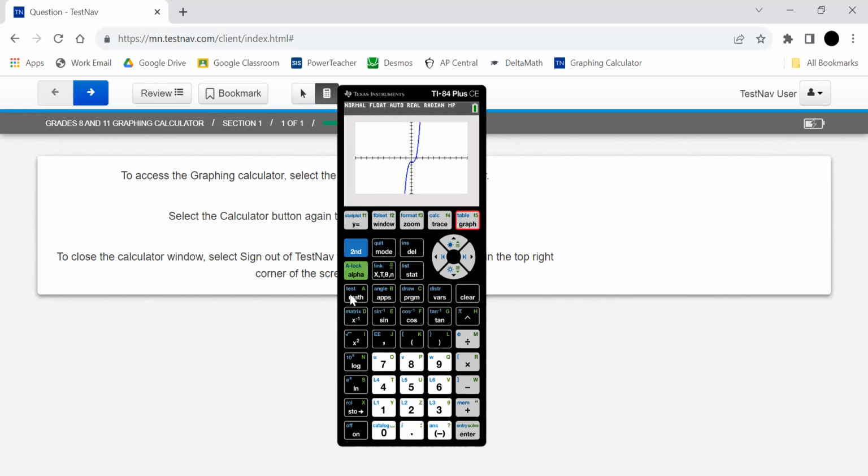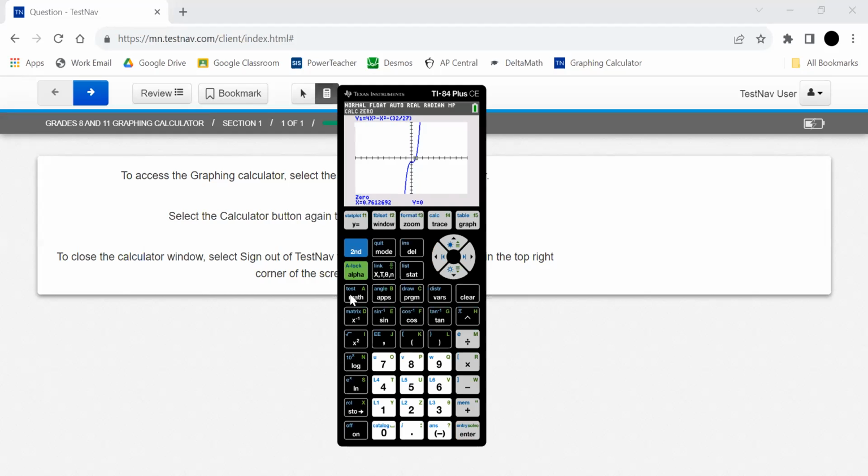It looks like it's got one solution there. We'll just hit second trace to bring up the calculate menu. We'll choose option 2, zero. It says left bound, so we'll hit enter because we're already to the left. We'll move to the right of that x-intercept. We'll hit enter. We'll hit enter one more time. And we end up with 0.7612692.